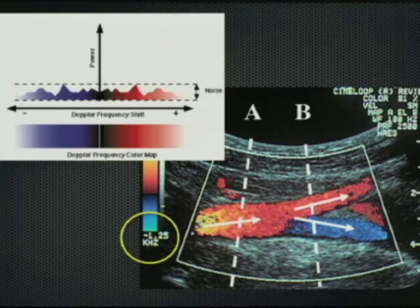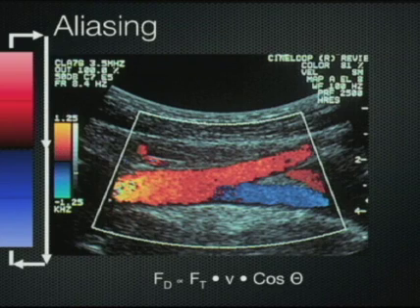Now, the very early Doppler devices actually showed in their color map, illustrated in the yellow circle, the Doppler frequency shift which was being reflected by the scale. And in the illustration shown here, the very light blue color was meant to indicate a Doppler frequency shift of about 1.25 kilohertz. Unfortunately, modern machines have not retained that tradition, and we'll come back to that issue in a moment. Now, we spoke briefly when we discussed spectral Doppler about aliasing.